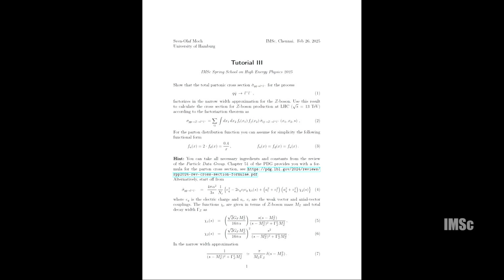You can see how the full cross-section factorizes in terms of the cross-section of q q-bar annihilation into a Z boson, and then a Z boson decaying into a lepton pair. So basically all formulas are given there, and you can just go through that.